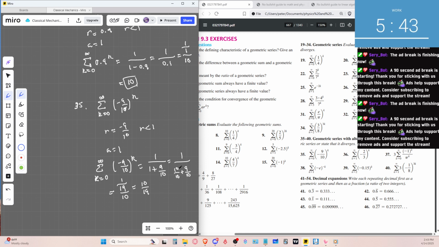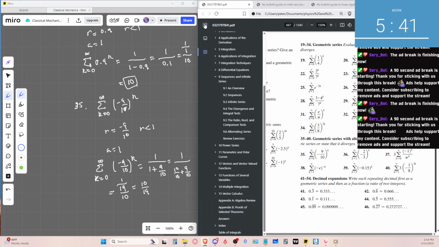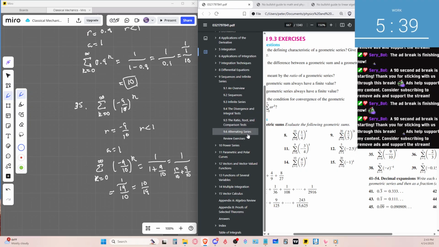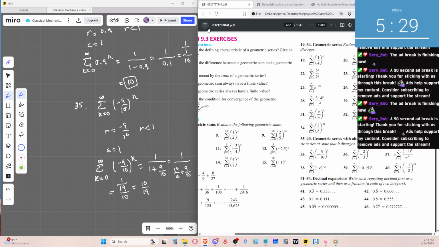Over 19, huh? Is that the correct way to actually interpret that result? This one's 9.3, right? Yeah, 9.3.